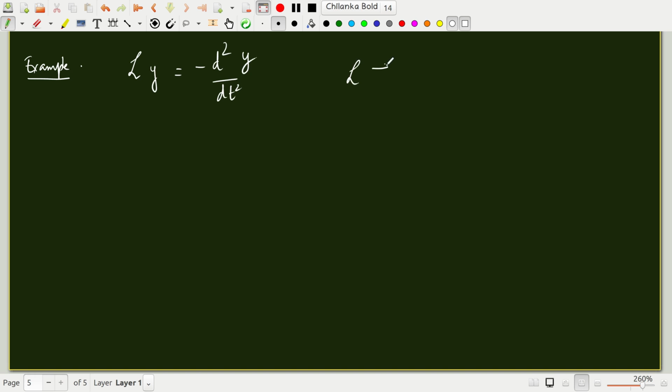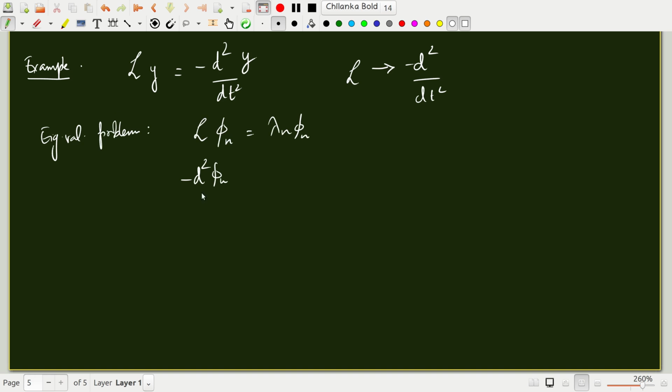That is, L is minus d squared. Now first solve the eigenvalue problem. What is it? L phi n is lambda n phi n, that is, minus d squared phi n by dt squared is lambda n phi n, or d squared phi n by dt squared plus lambda n phi n is 0.